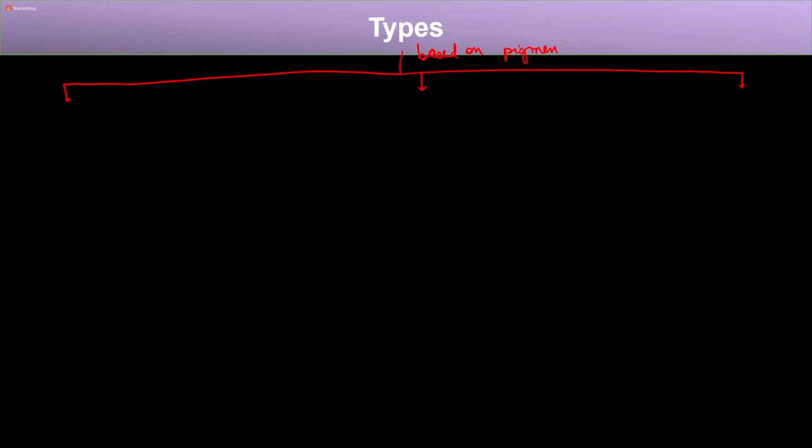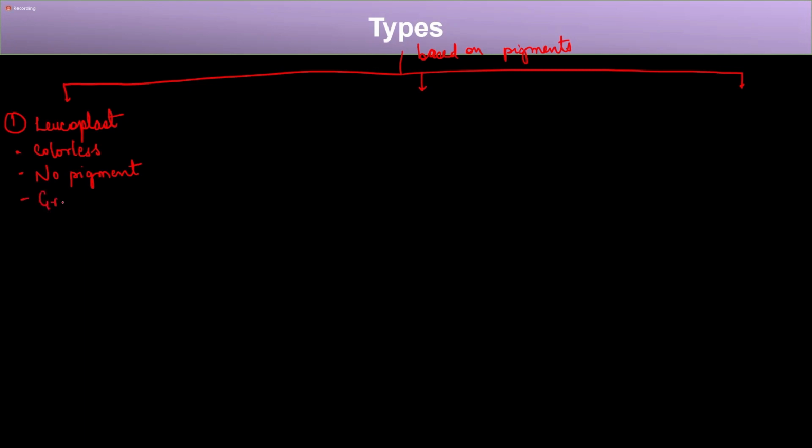The first type of plastid is known as leucoplast, and the leucoplasts are colorless. They do not have any color, and hence they do not have any pigment, because pigment is responsible for color, right? So the leucoplasts do not have any pigment and hence they are colorless.